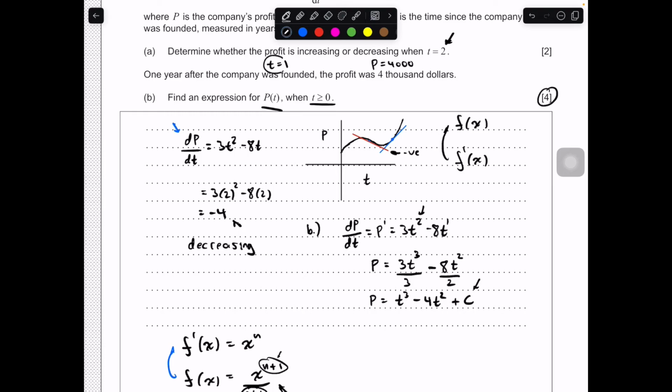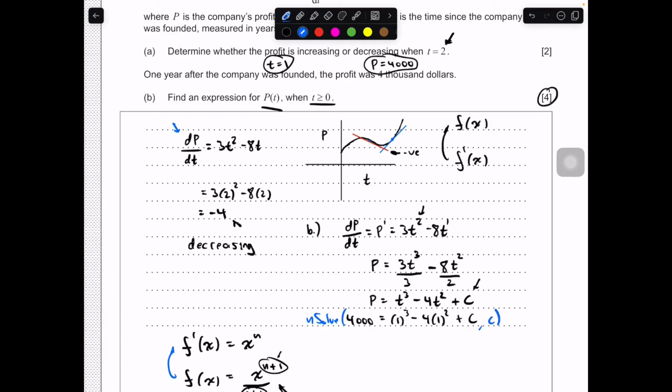We have an input, t is equal to 1, and we have an output of p is equal to 4,000. So given that we have 3 unknowns, if we know 2 out of 3, we should be able to substitute and solve. So p is equal to 4,000. T itself is just equal to 1. 1 cubed minus 4 times 1 squared plus c. And now we've got an equation which we should be able to solve.